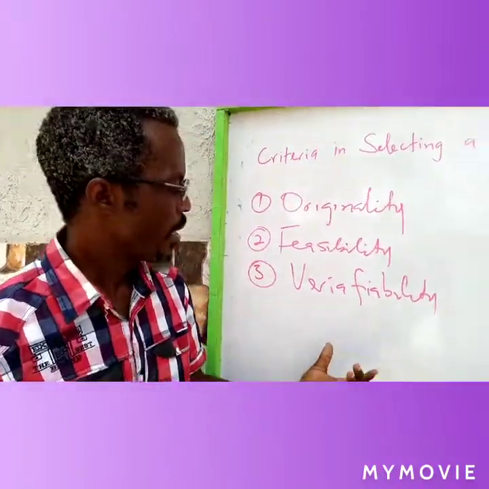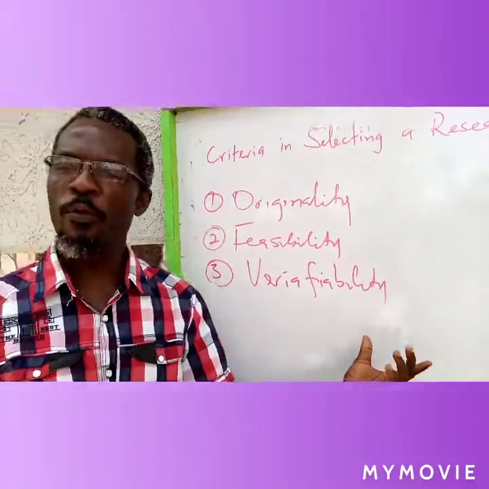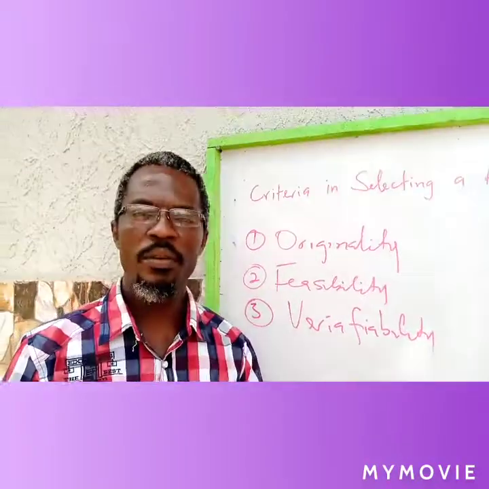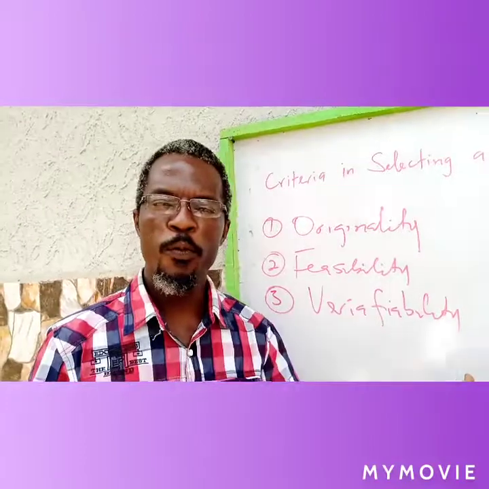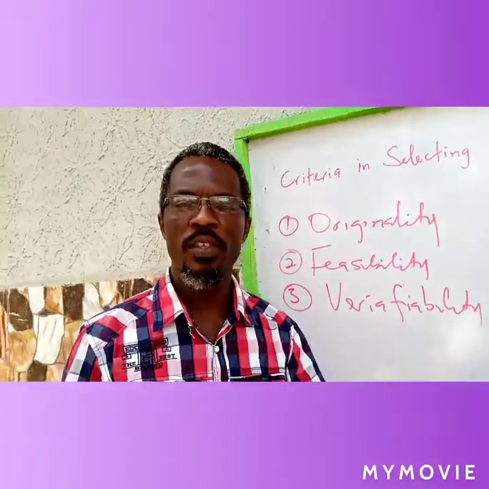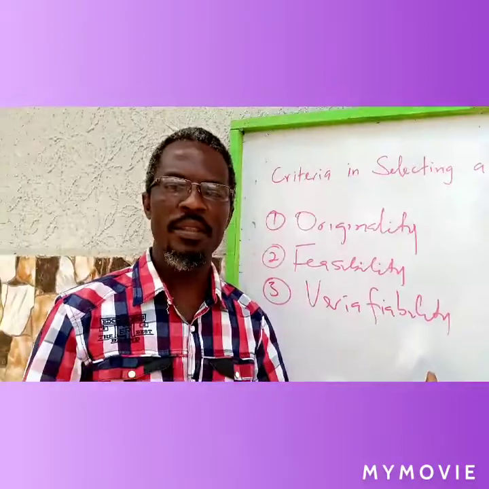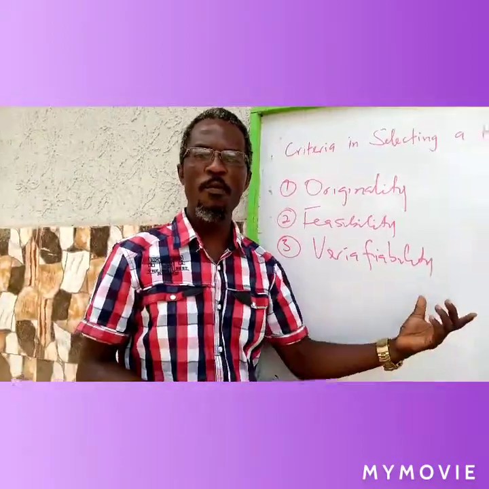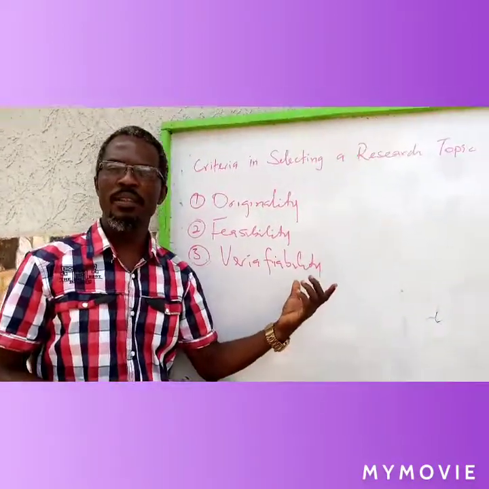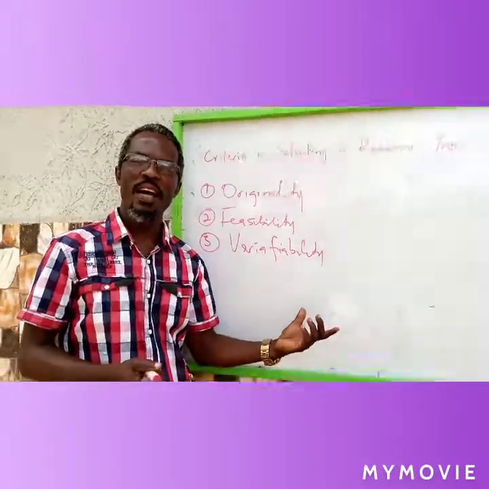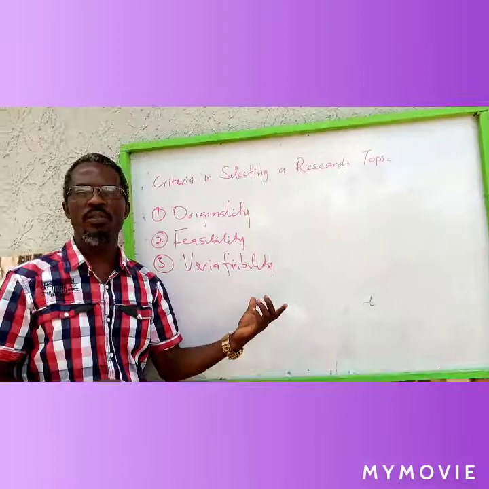More so if you are carrying out quantitative research. Since if another researcher follows the same procedure, the same sampling technique, the same variable, the same design, you must have similar or very, very close results.